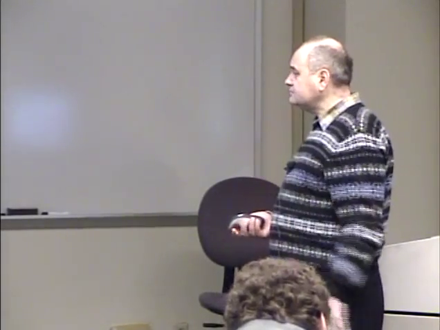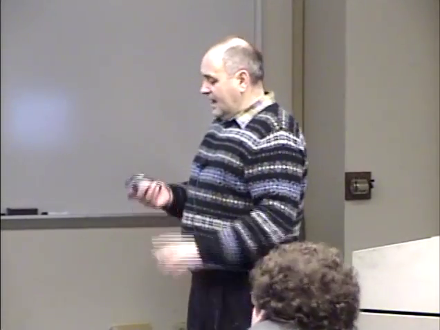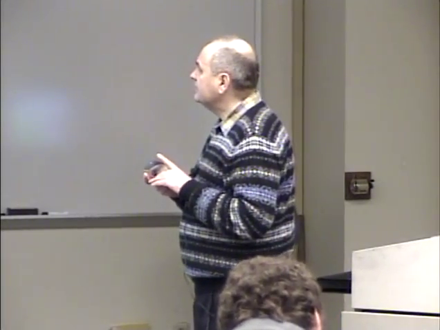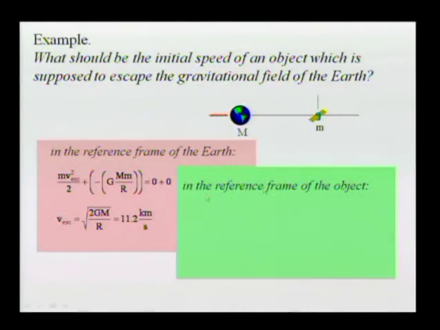All right. I'm going now to show you a different solution, in the reference frame of the object. In other words, how fast the Earth has to move away in order to separate Earth and the probe. Obviously, the speed should be the same, right?